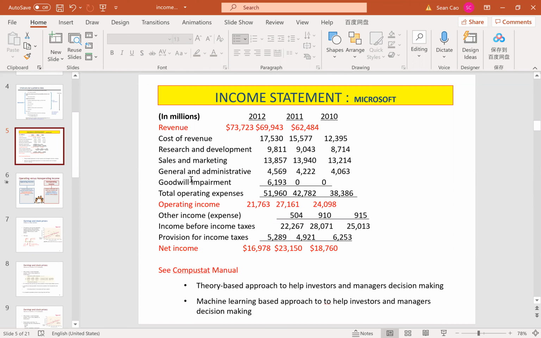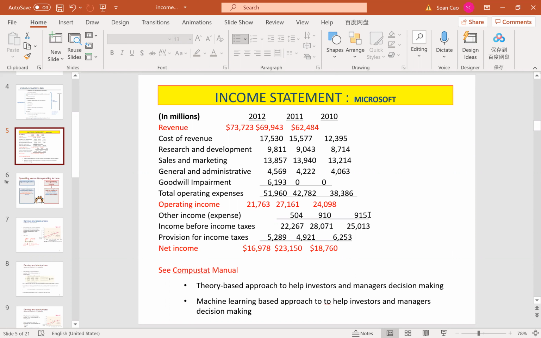Added together, it is the total operational expense. You use the revenue minus the operational expense, and you get operating income. This is very fundamental stuff. I'm sure you guys know it. And then we have other income. The company has other income of $500 some dollars, and then the income before tax, and net income, and you get the final income statement.